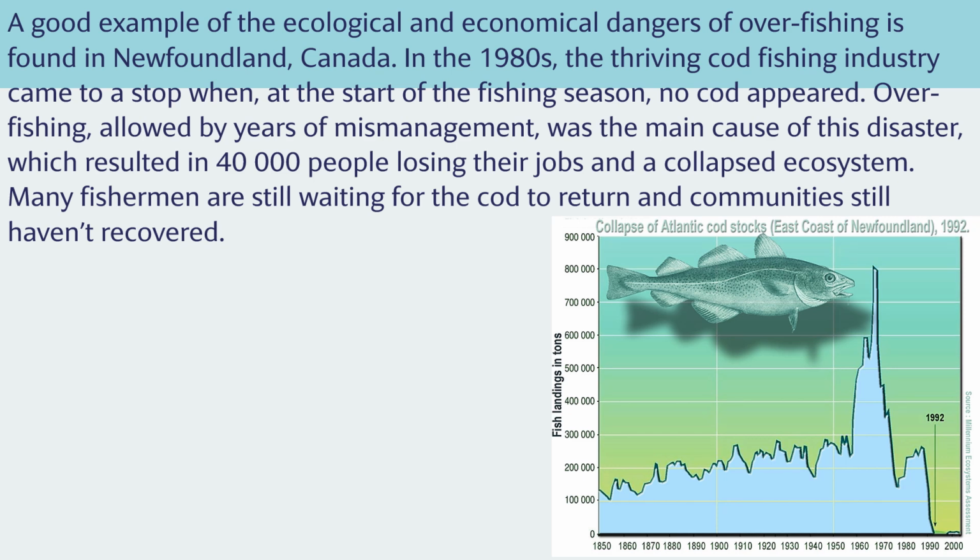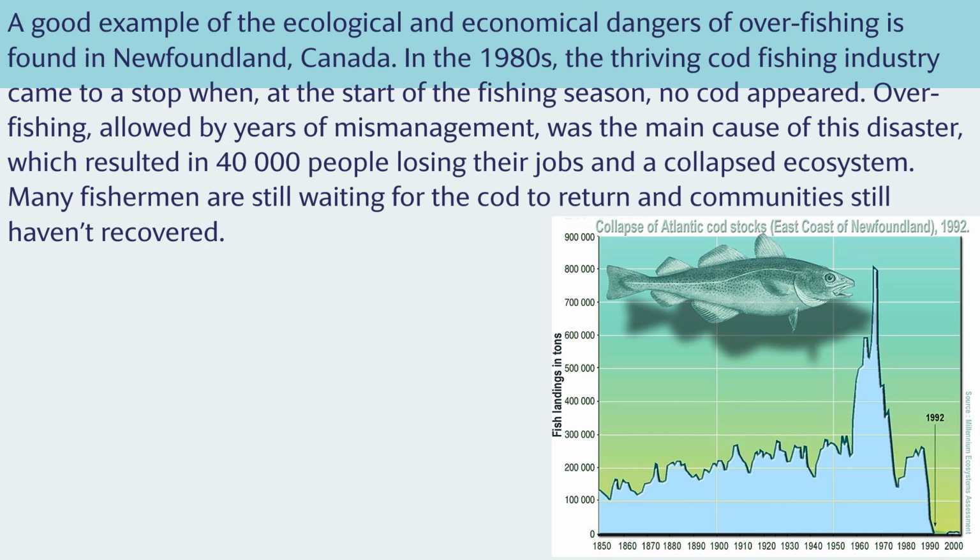A good example of the ecological and economical dangers of overfishing is found in Newfoundland, Canada. In the 1980s, the thriving cod fishing industry came to a stop when, at the start of the fishing season, no cod appeared.